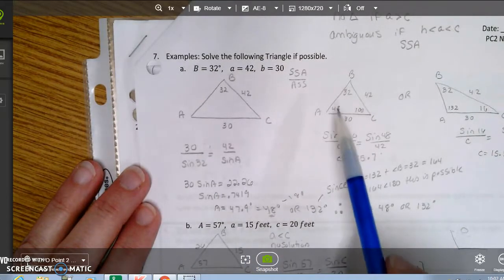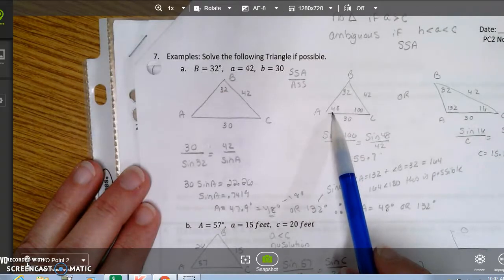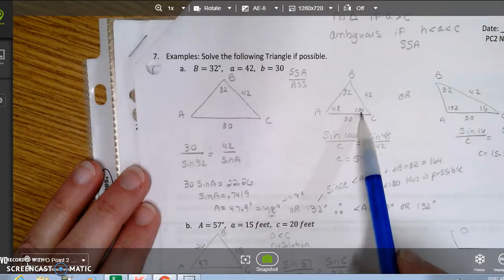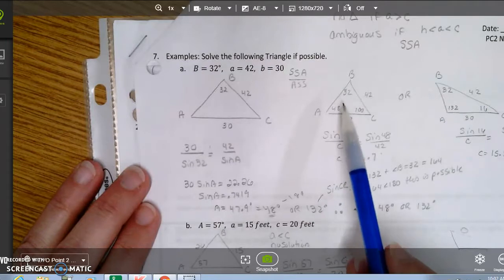So if I put that into this triangle, I have angle A is 48, angle B is 32, and I could find angle C, subtract it from 180, and find angle C. And I can solve now.